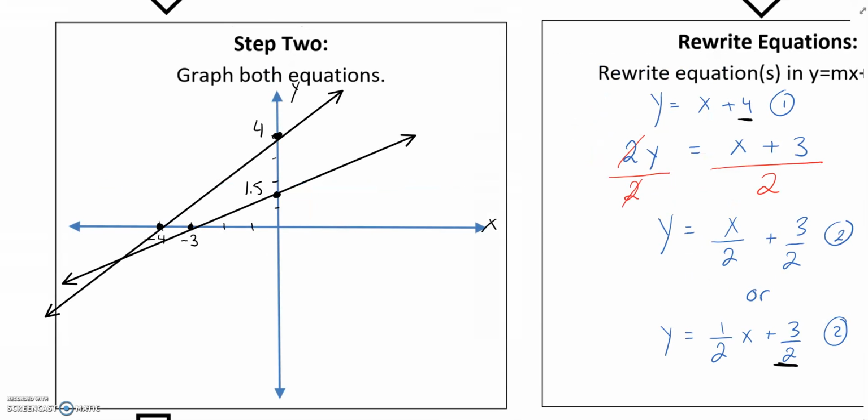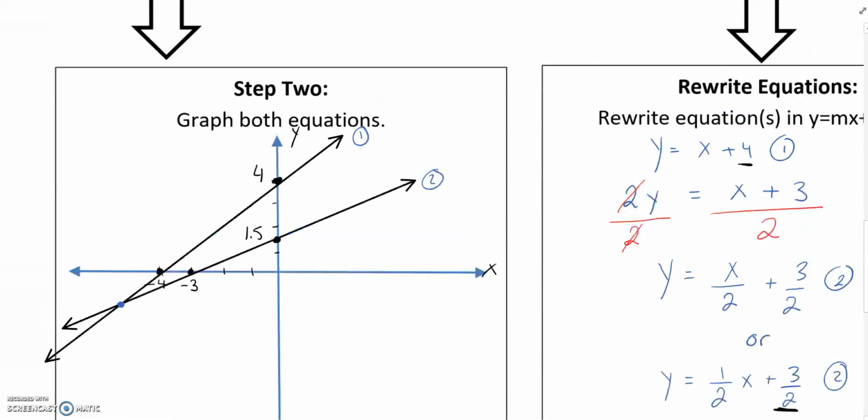So as you can see, I've drawn my lines. This would be my equation 1, and this would be my equation 2. Not a bad idea to label those so you can keep track of where they are. Also recognize that when you're drawing those lines, you have arrows at the ends. You want to draw them long enough so you can see this point of intersection.